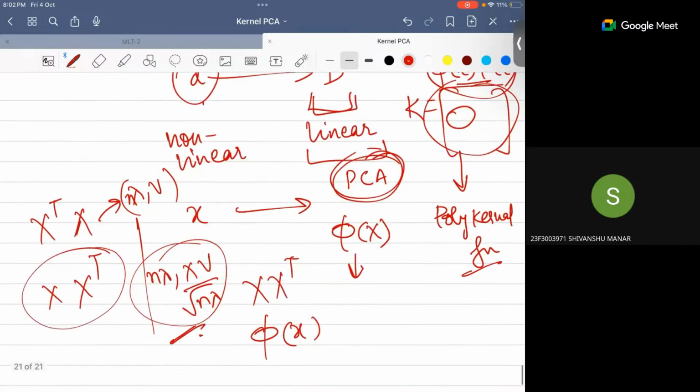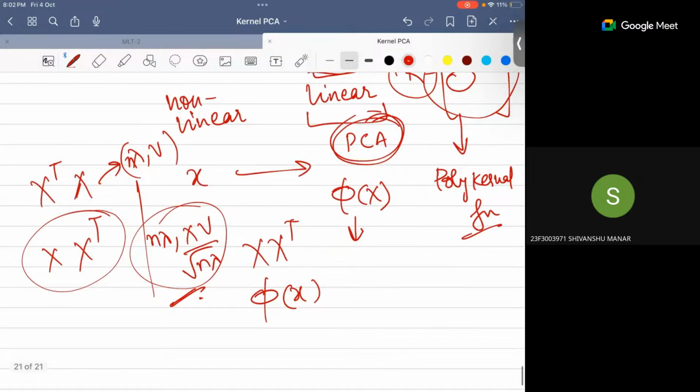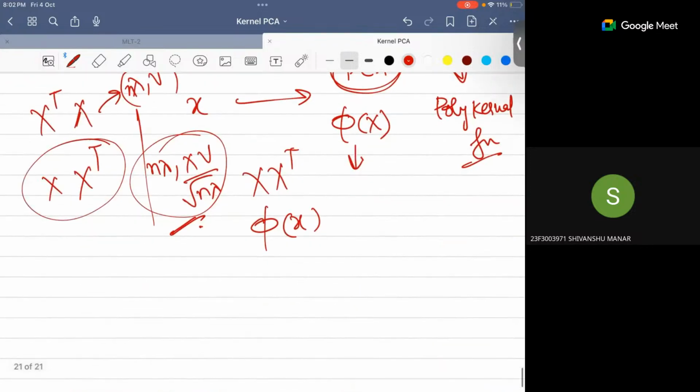So now for this K matrix that we have got from the polynomial kernel function, let's say you have the eigenvector in the form of some beta, corresponding to the transformed matrix. But what we need is the eigenvector corresponding to phi of X transpose. This is our original covariance matrix, correct?